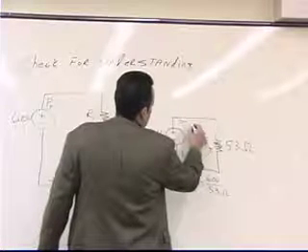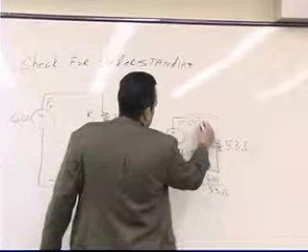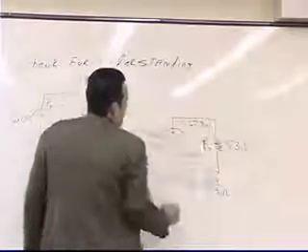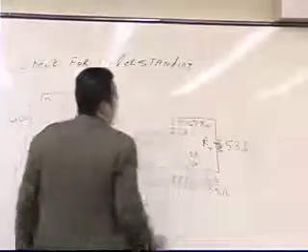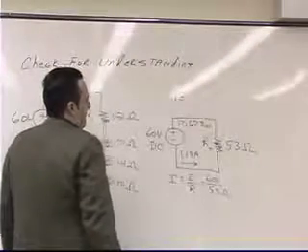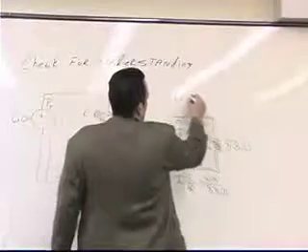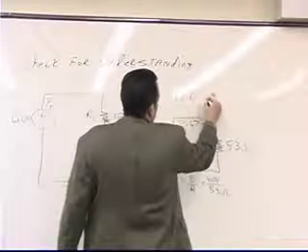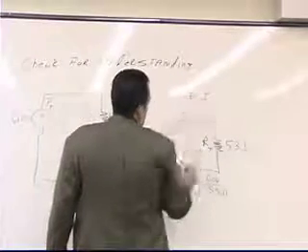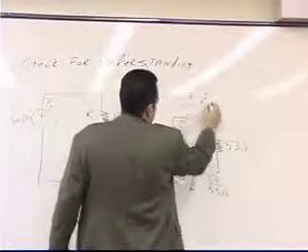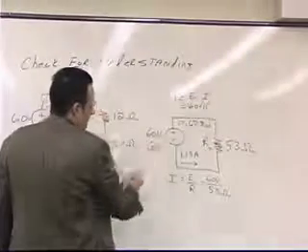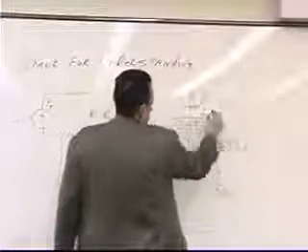Power is equal to 67.8 watts. Let's check that. So the formula that you used was what? Power is equal to voltage times current. And that was equal to 60 volts times the current, which was 1.13, right?